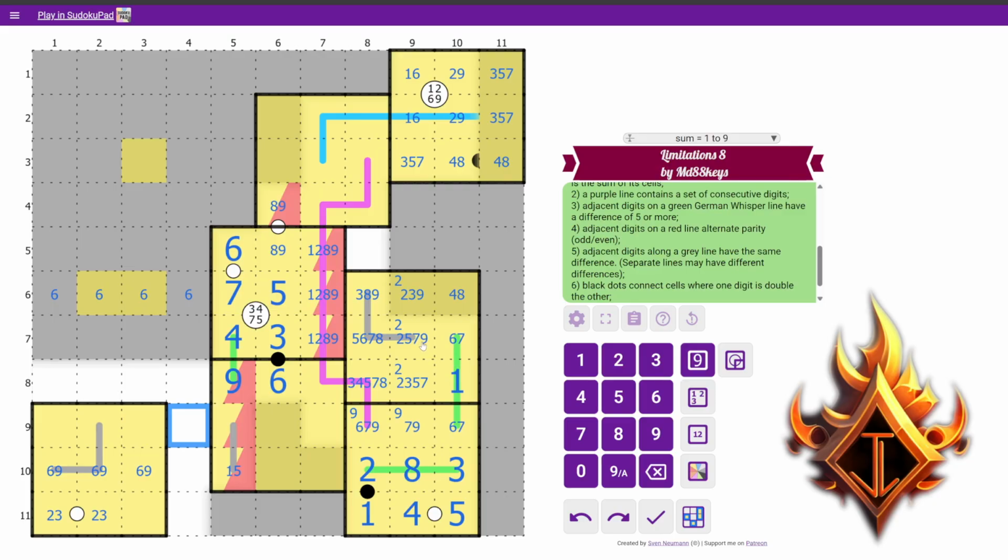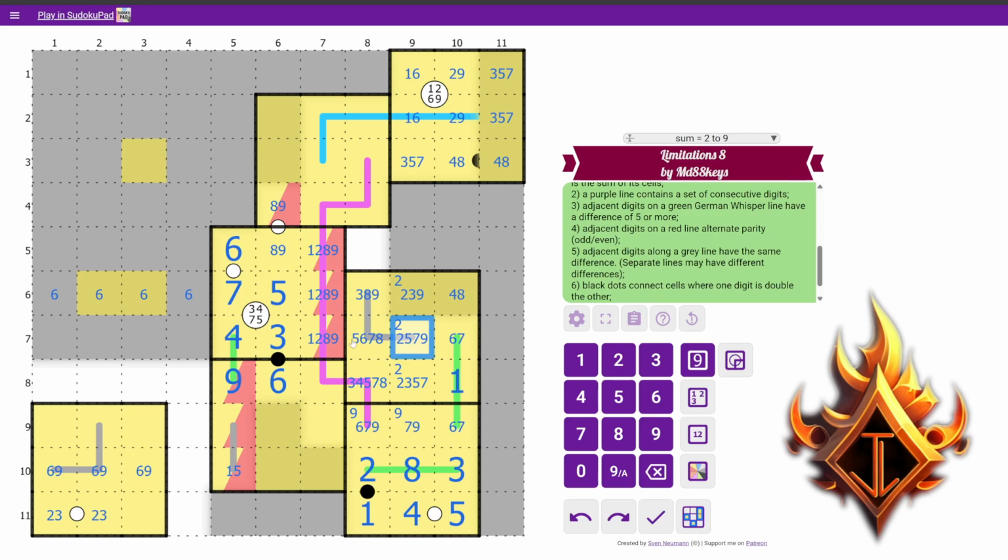And also, oh no. If this had 6 on it, if this was 6, 8, 6 doesn't work, 9, 6 doesn't work, 3, 6, 9.